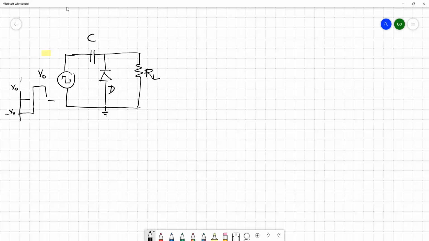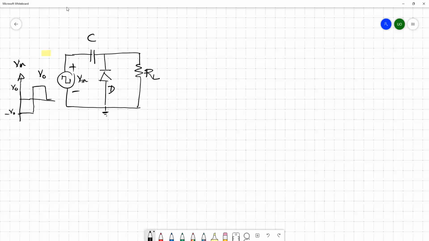For the time being, this is your input voltage, the applied voltage to the circuit.